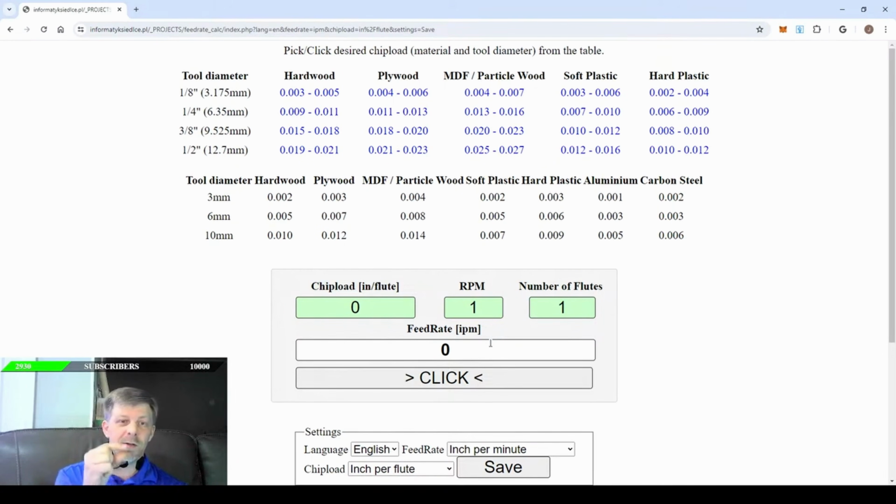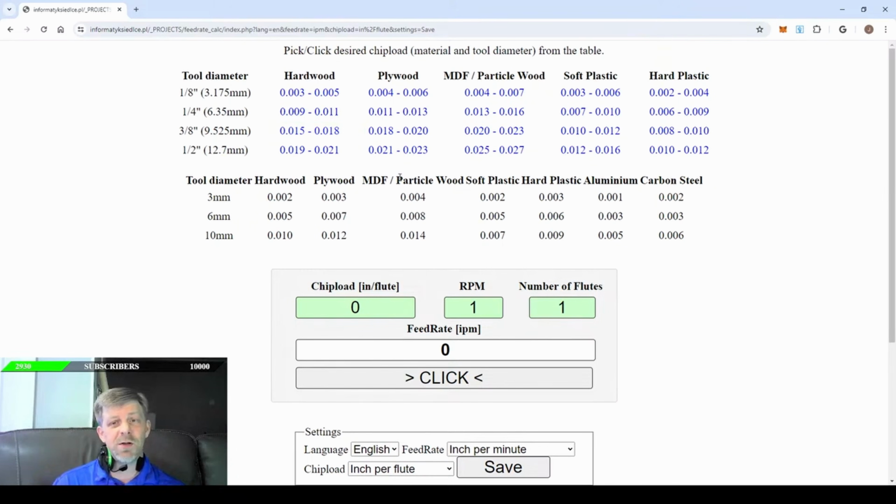On the other end, the harder the material, the less heat carrying capacity can happen in a dense chip, and so those chips are smaller. And that size of chip is what is represented in the ranges of these chip loads or chip load chart.